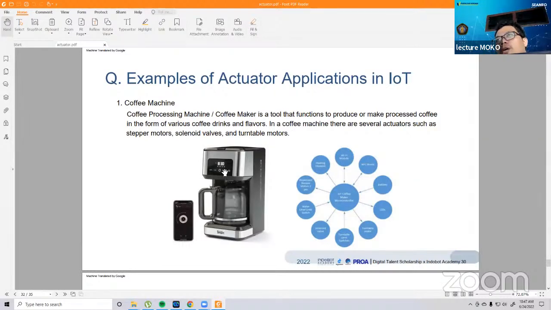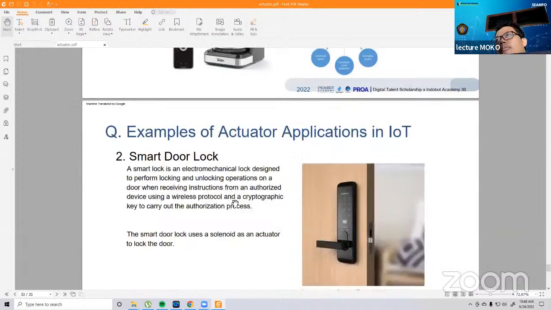So we need to open and close the pipe because we need to fill the bottle. So we need some type of control valve. And another is a motor for mixing, and many actuators that we will use in one of these machines.